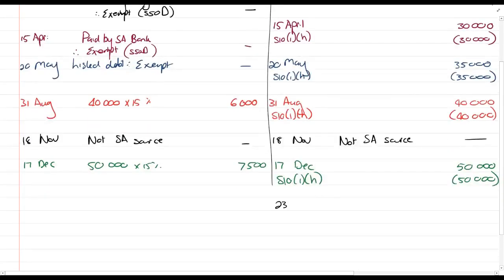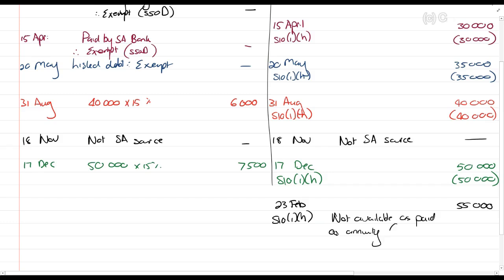So 23 February, 55,000 rands. Section 10(1)(h), not available as paid as an annuity. Not very common to see this. I wanted to just put it in for full example. That's Section 10(2).